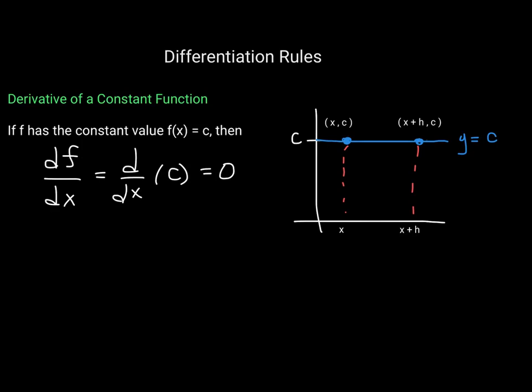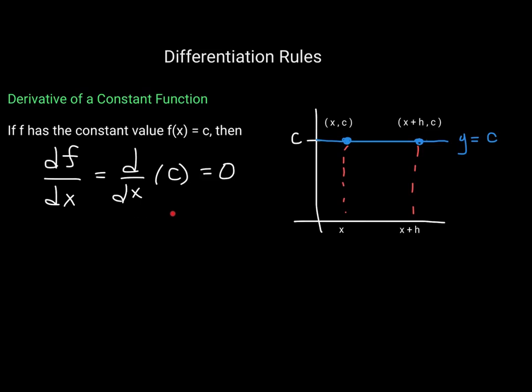All right, so the first one we have: if f has the constant value c, if f of x is always c, then the derivative of function f with respect to x is the derivative of this constant with respect to x, which is just 0. We know that the graph of a constant function is a horizontal line at y equal to c.